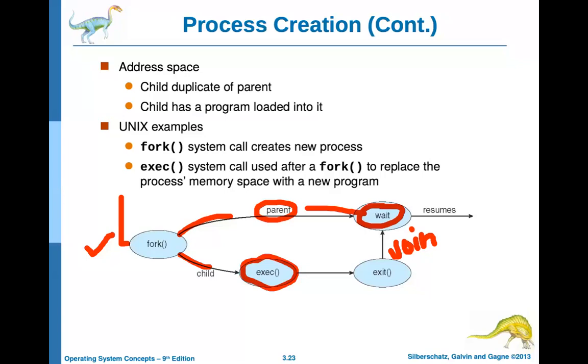Got it? For example, execl, execvp, something like that. Whenever that child process finishes, these two paths will be combined together. Merging of the two paths happens here, and since then again we have a single path where the parent will continue.